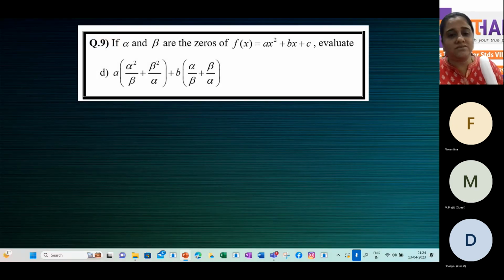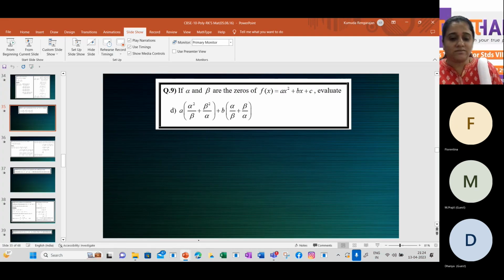If alpha and beta are the zeros of ax square plus bx plus c, evaluate. Find the value of this expression. Then what you say is right. What you did, just find the value of this one and leave it. But here the question is different.